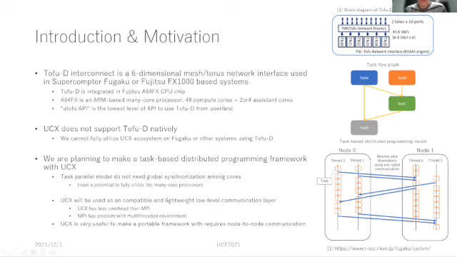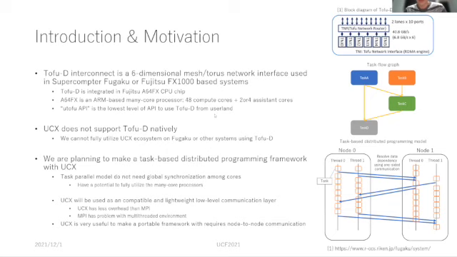However, if we have a program written with UCX, we cannot fully utilize the performance of the Tofu network because UCX does not support the Tofu interconnect natively. Actually, we can run with the TCP protocol because Tofu supports TCP/IP over Tofu.